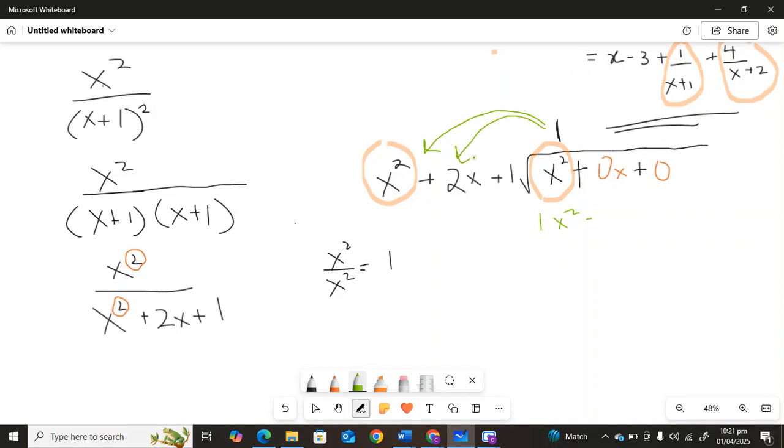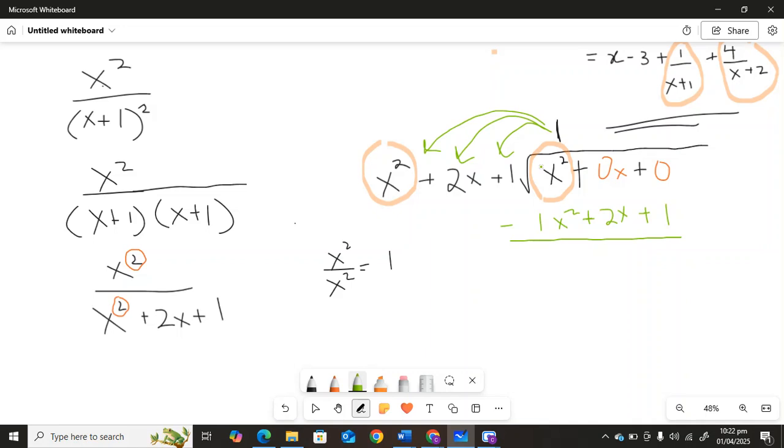1 times 2x, 2x. 1 times 1, that is 1. Okay, remember the process: divide, multiply, subtract. So now we subtract.